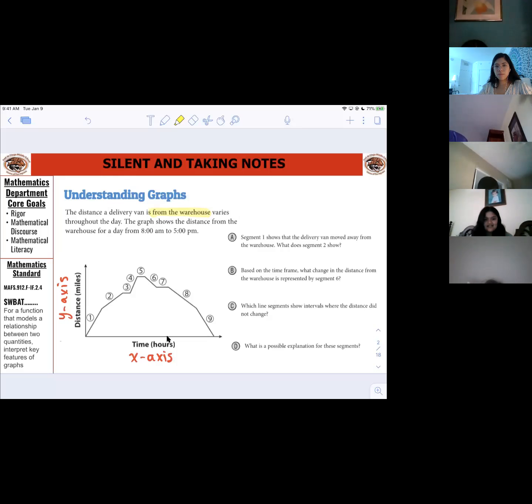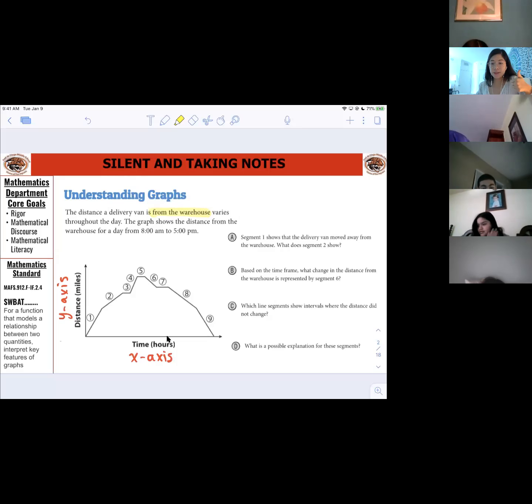How long it takes him to deliver it? How long it takes him to deliver, and then not only how long, but what else? What is the van actually doing? The stops he makes every time.